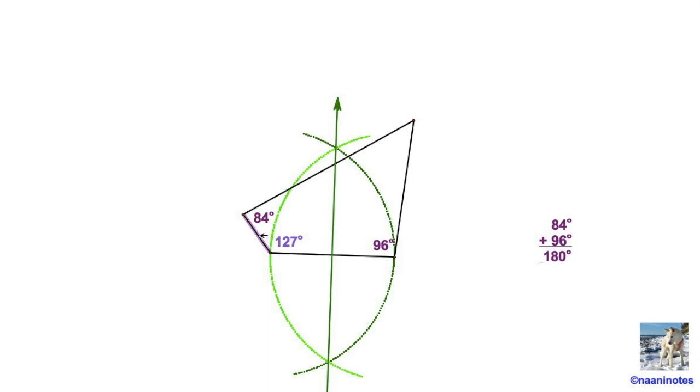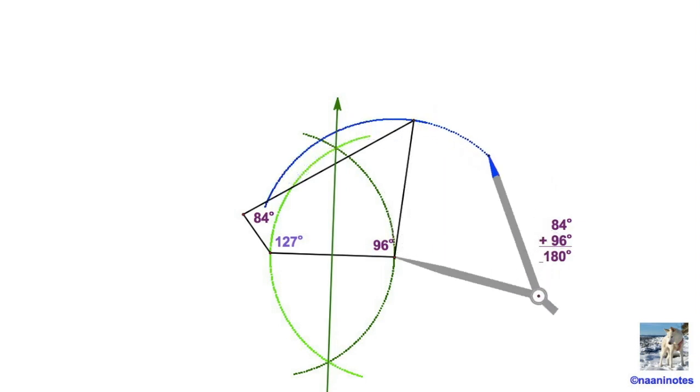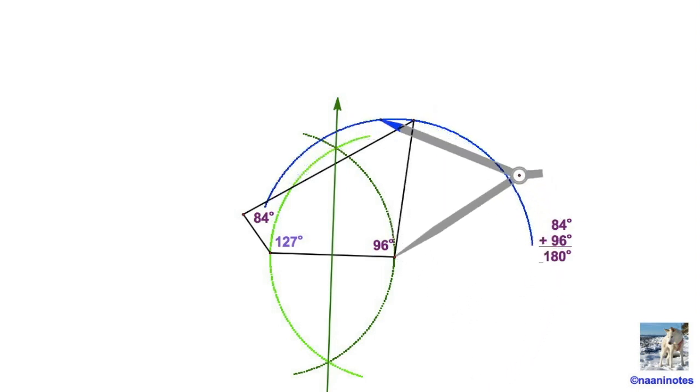Now, don't do this side because that's too short, and that'll be difficult with your compass. I'd go for this side right here, and give it a gap as we always do. Give it a swing. And that's looking pretty good.